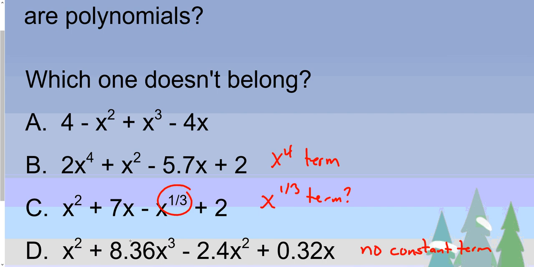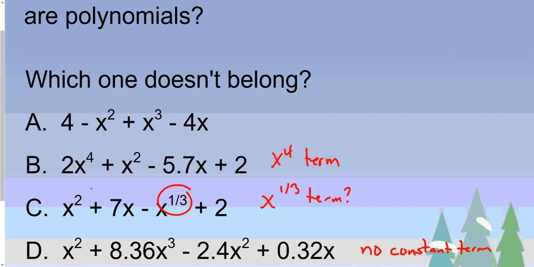In particular, one of the things that you look at is B, C, and D. When you look at the powers of x go from the highest to the lowest: 4, 2, 1, no x. 2, 1, 1/3, no x. So these terms are not in decreasing order.